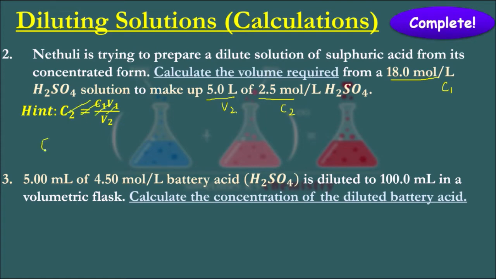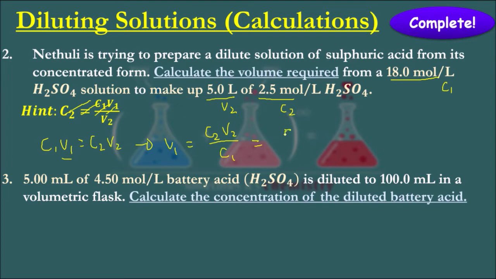If we actually try and do the rearrangement, we want to rearrange to find V1. So V1 would therefore be C2 V2 over C1.